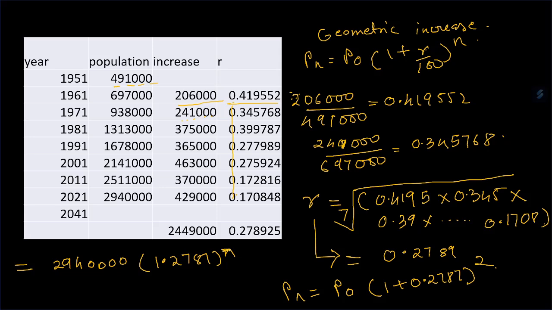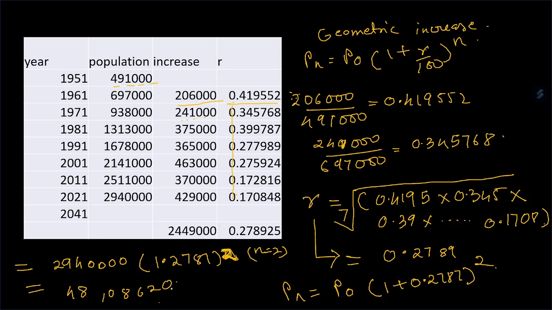So n is nothing but 2. Please remember, this is n and n is nothing but 2. Now if you solve this, you will get the answer 48,086,20. So around 48 lakh will be the population.